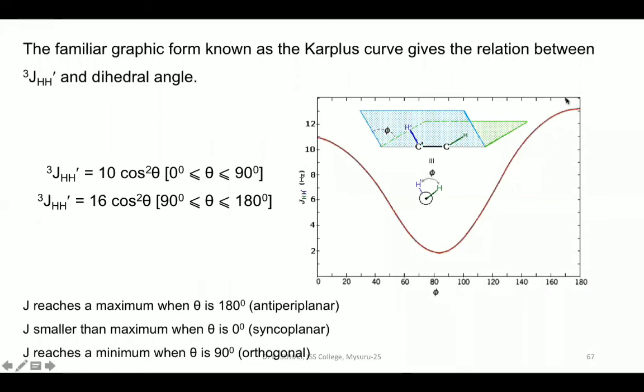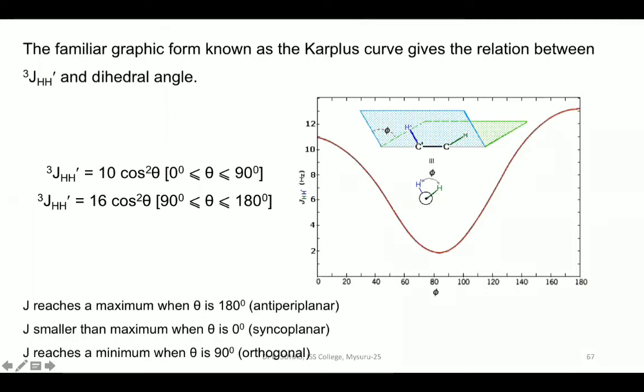When the coupling constant is maximum, theta will be 180 degrees. If the value of the coupling constant is slightly smaller than the maximum, in this case say it is 11, then theta will be 0 degrees. Here, whenever it is a maxima, it refers to an anti-periplanar structure.